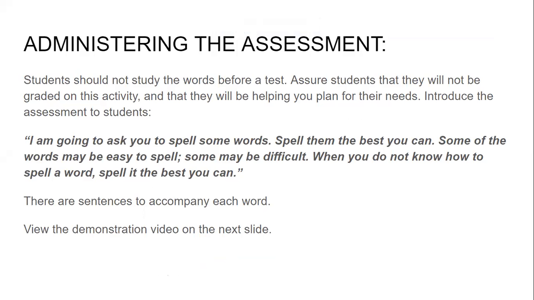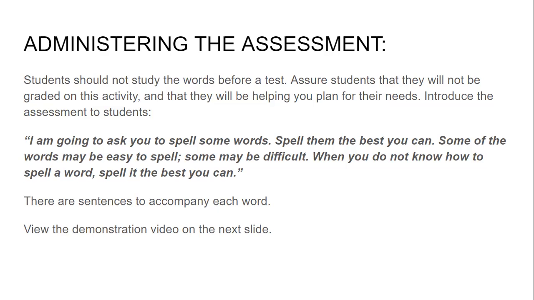You have already at this point looked at the article or the chapter from the link in the previous slide, and you know which assessment you will be using for your student. So you have your student next to you and you're introducing the assessment, and there's an actual script here of how you do that.